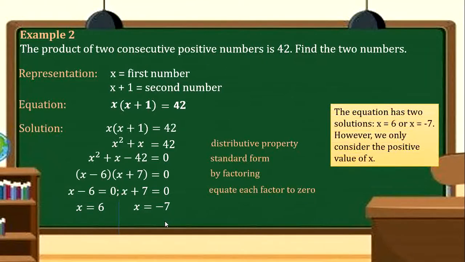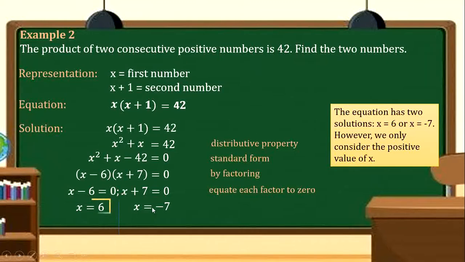The equation has two solutions, x equals 6 and x equals negative 7. However, we only consider the positive value of x. Bakit positive lang? Kasi ang hinihingi dito sa problem ay consecutive positive numbers. So, yung positive lang ang kailangan natin.